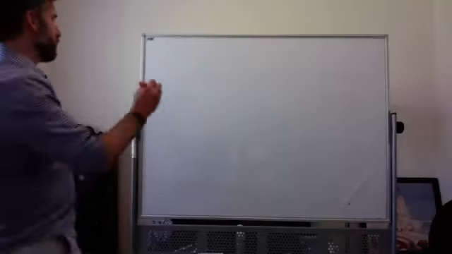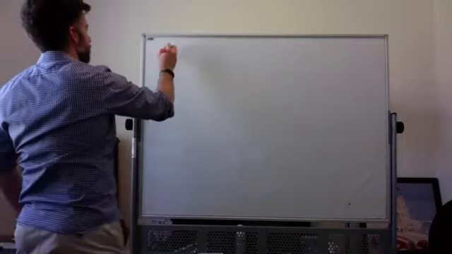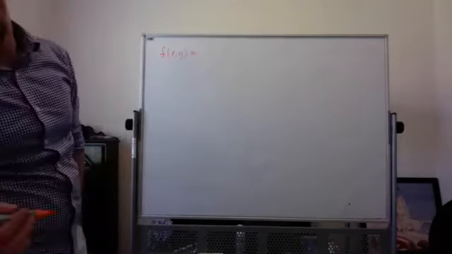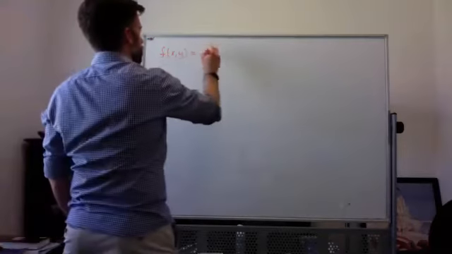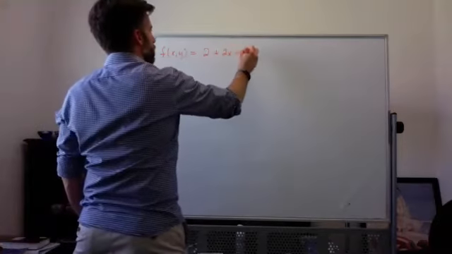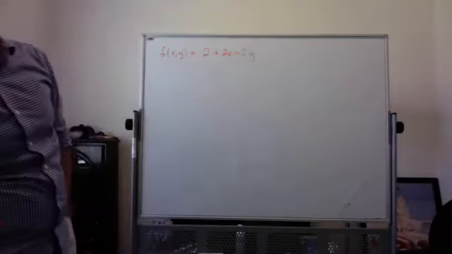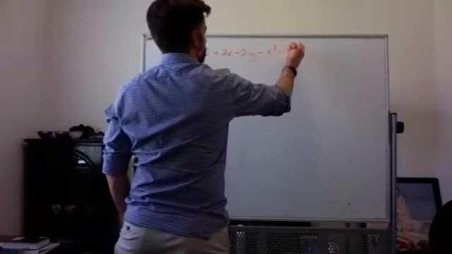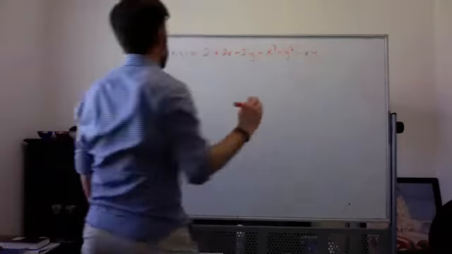Let's say we have this function, f of x, y equal to 2 plus 2x minus 2y minus x squared minus y squared minus xy.